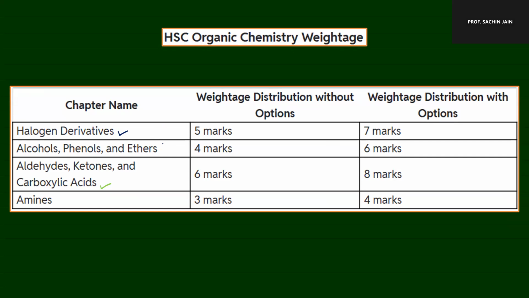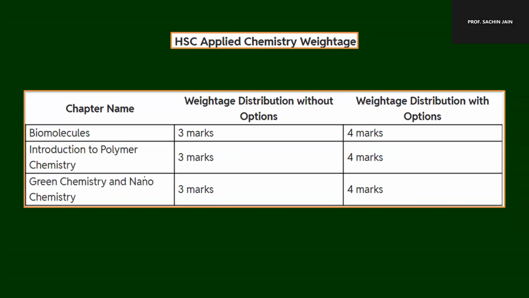Halogen derivatives, alcohols, phenols and ethers, aldehyde ketones and carboxylic acid, and amines. These 4 chapters are very crucial for the entire organic chemistry of your 12th syllabus.